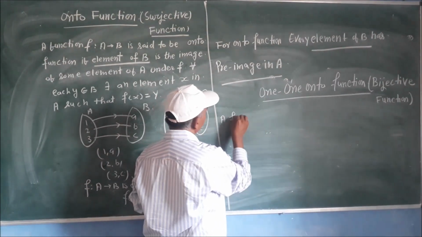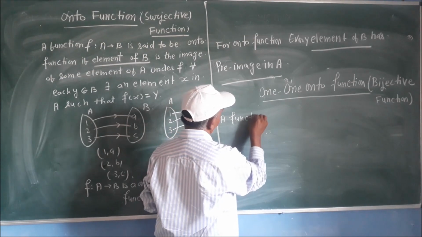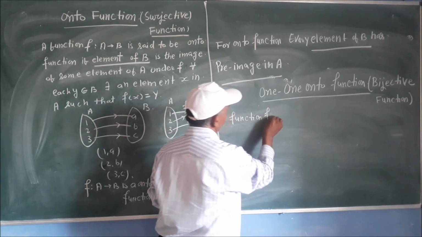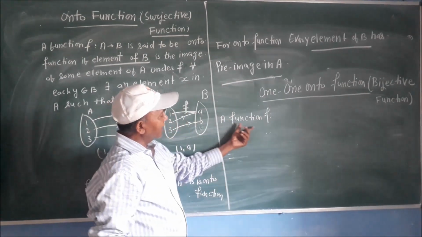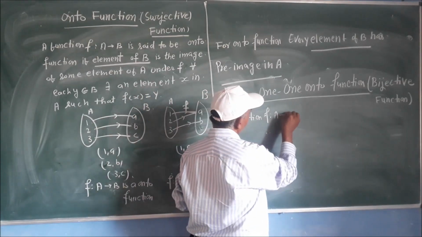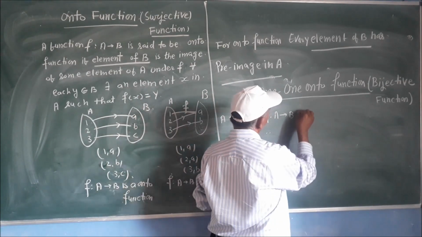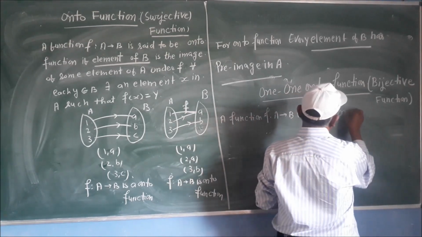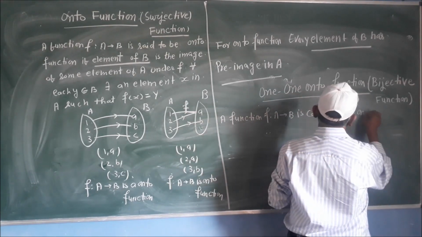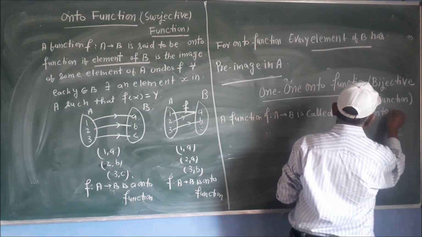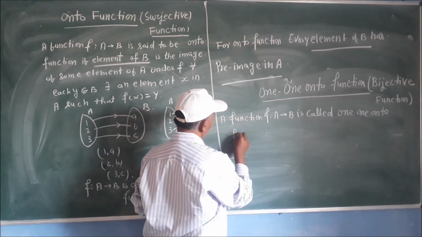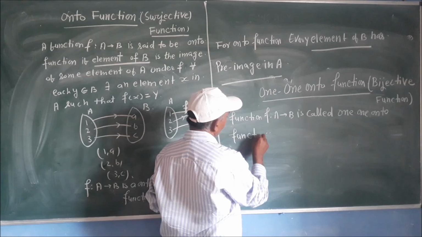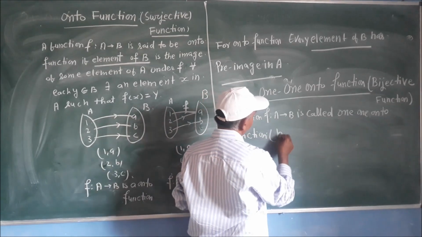A function f such that A tends to B is called a one-one onto function. In brackets you may also write bijective function.